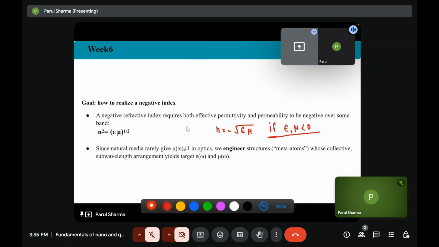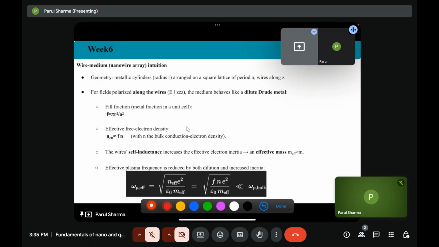Since natural media rarely give permittivity equal to 1 in optics, we engineer structured atoms whose collective subwavelength response is equal to the target permittivity and permeability. So whatever we want, we can get.